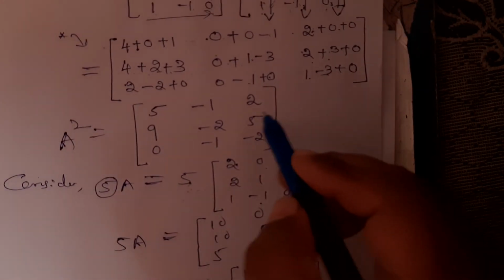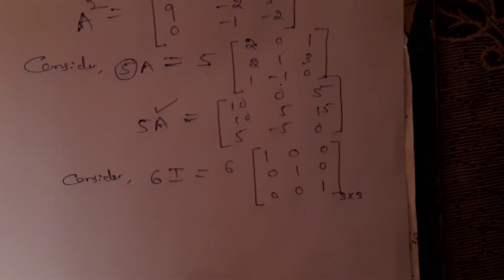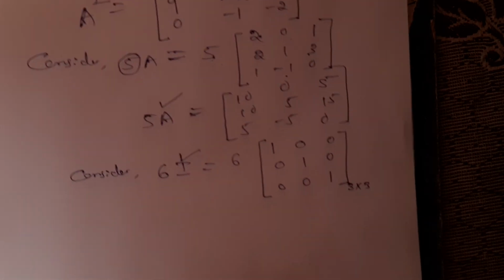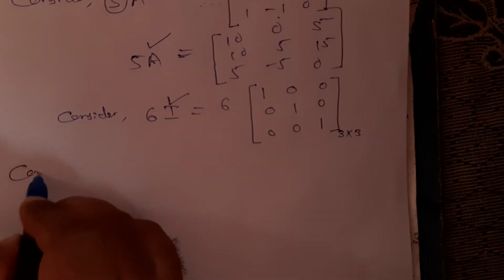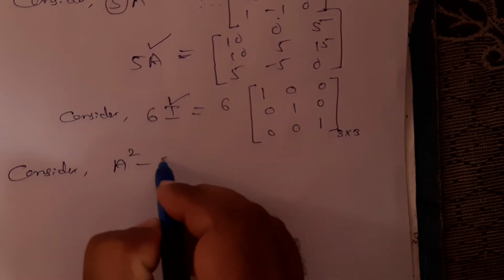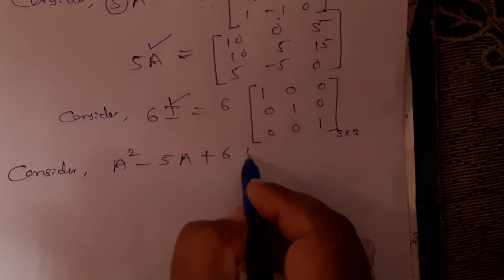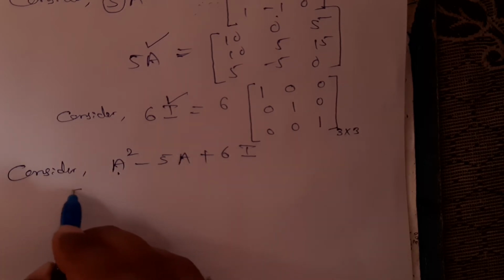Now what have we calculated here? See, we have calculated a square, we have calculated 5a, and we have calculated 6i. So what is the given equation here? So we can write this. Consider a square minus 5a plus 6i. See, this a square, so what is the matrix?